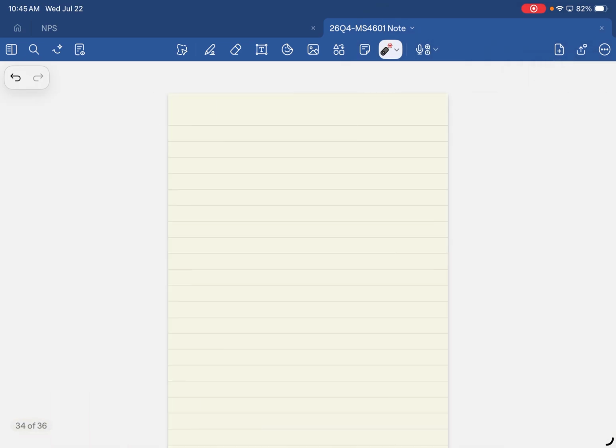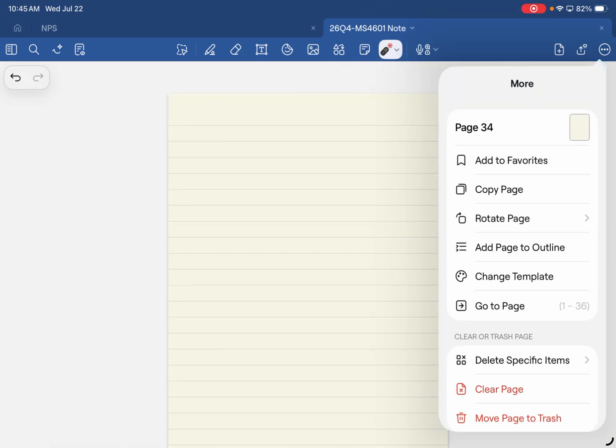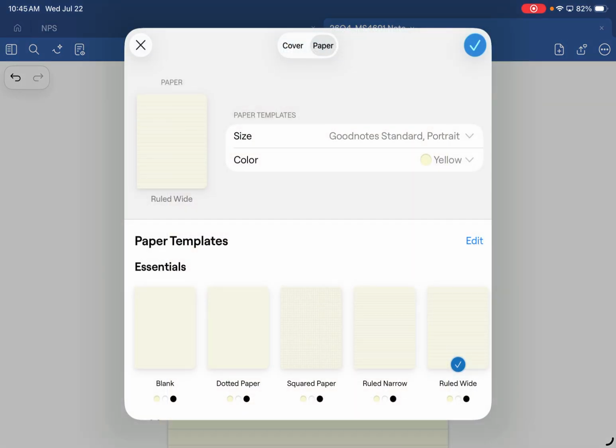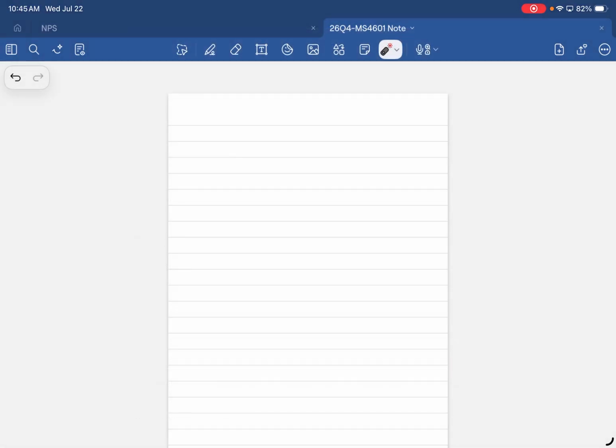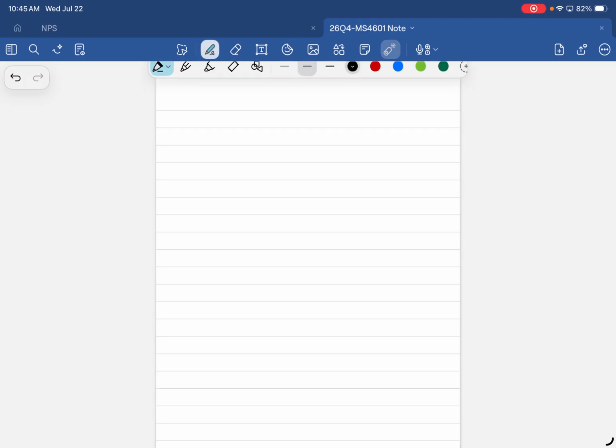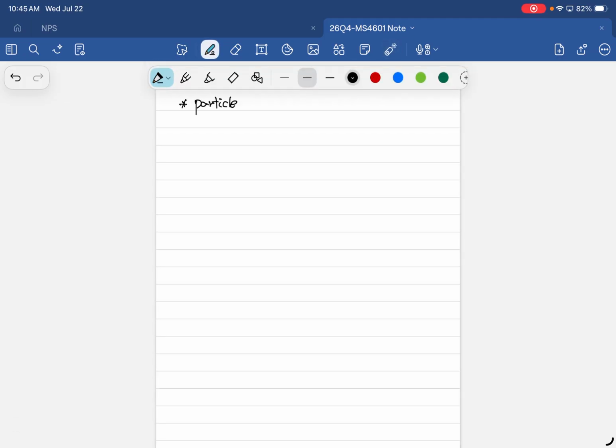So let's look at this one. Now we are going to look at a particle in a one-dimensional infinite potential well.